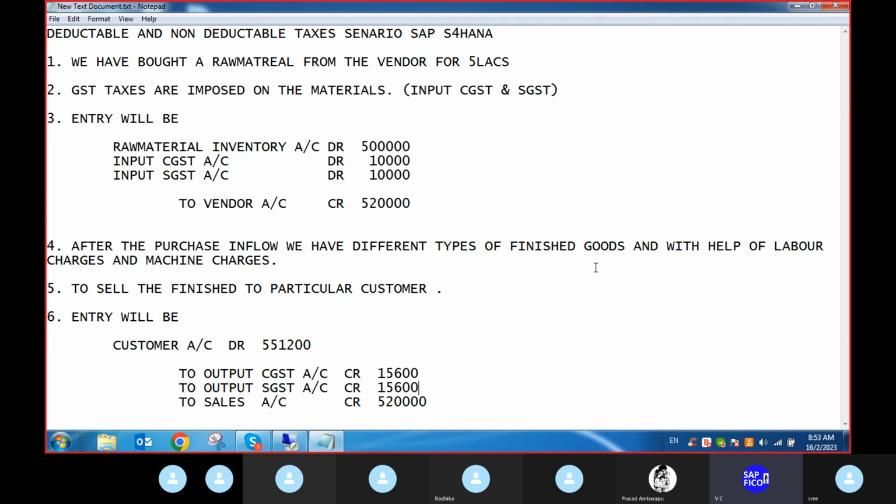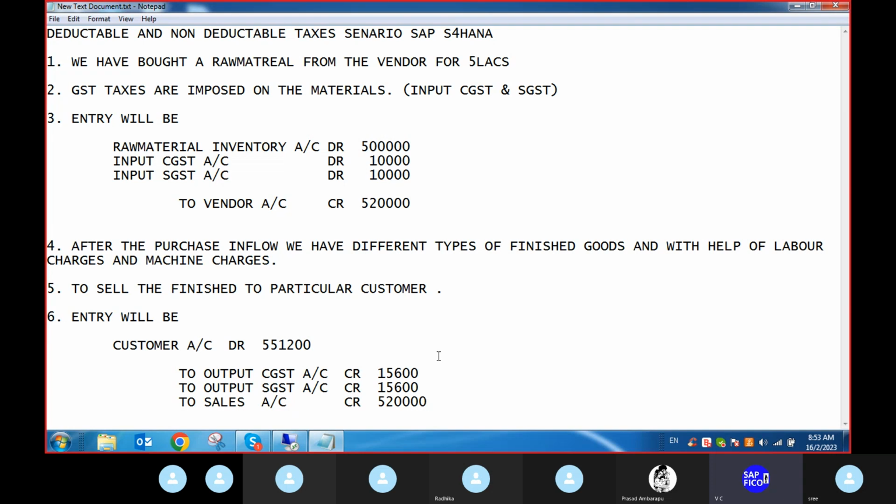And the next one is when it comes to the vendor, you have paid the taxes 20,000 rupees. If you want to claim the taxes from the central government, it is based on the output taxes only that you will take out, right?